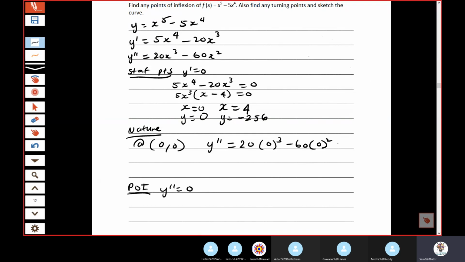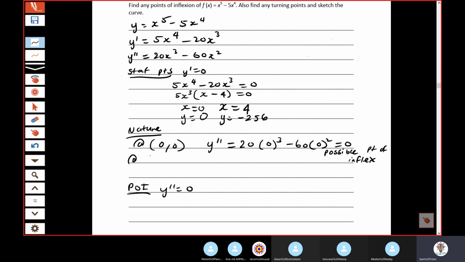Like this. True? So then it becomes 0, which means you would write possible point of inflection. Why can you only say possible at this stage? Because a point of inflection is your next step. So at this stage, all you can say is possible.